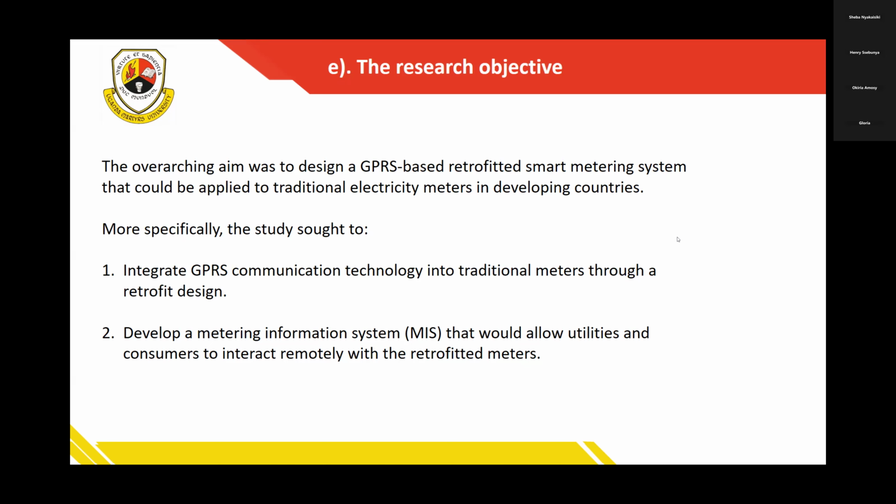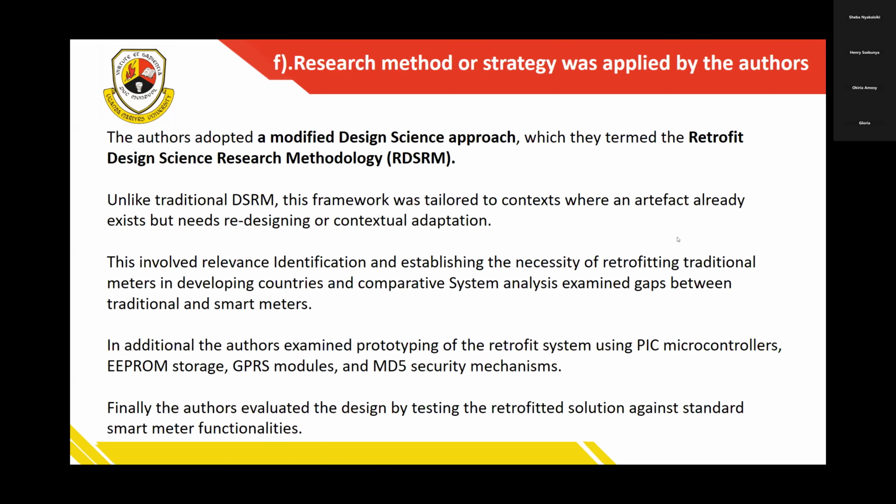So when I go to the next slide, it required us to identify the research method, the strategy applied by the authors while they were doing their research. And we were able to find out, according to the report that we read, that the authors adopted a modified design research approach.